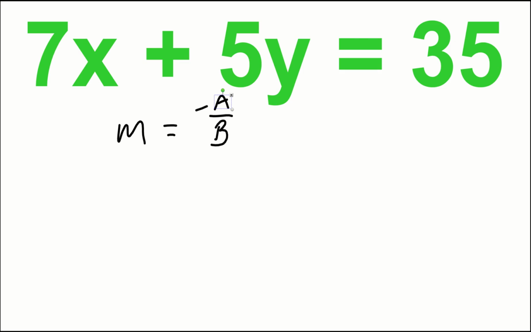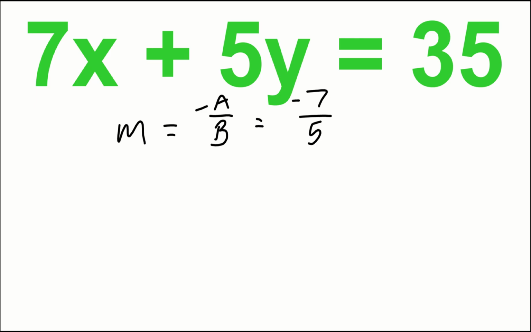That's just what you've got to remember. Writing it down a few times now, though, is probably going to help you remember that a little bit. So opposite of a is negative 7. B is 5. I can't simplify that. And we don't want to make it a mixed number or a decimal. We'll leave it as an improper fraction, okay?